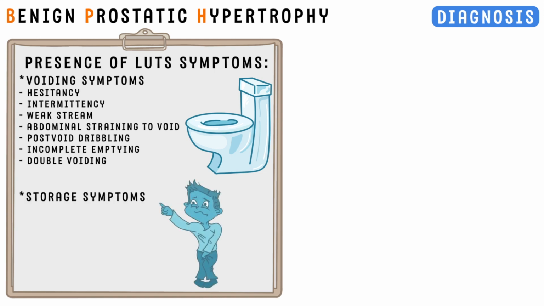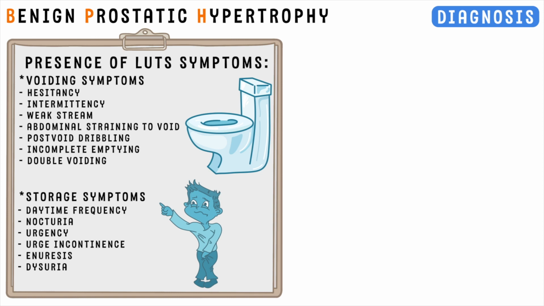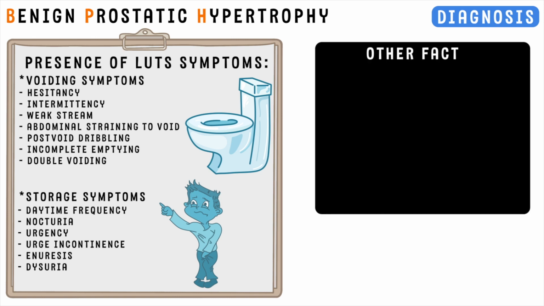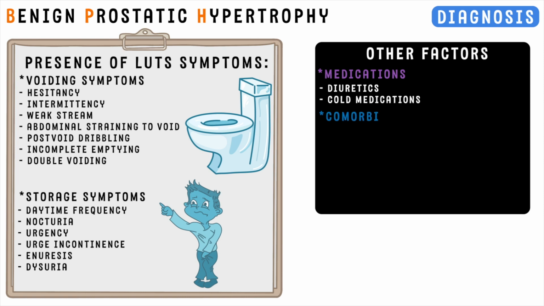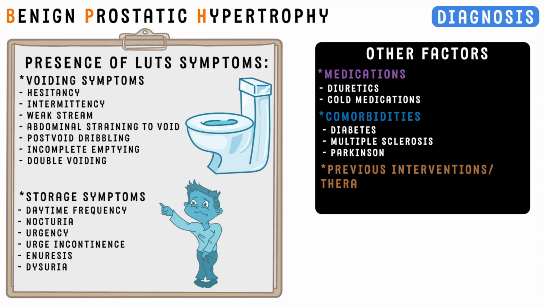Storage symptoms, previously called irritative symptoms, like daytime frequency, nocturia, urgency, urge incontinence, enuresis, and dysuria. Also, identify other factors contributing to LUTS, such as medication, for example diuretics or cold medication, comorbidities like diabetes, multiple sclerosis, and Parkinson's, previous interventions or therapies, and family history.